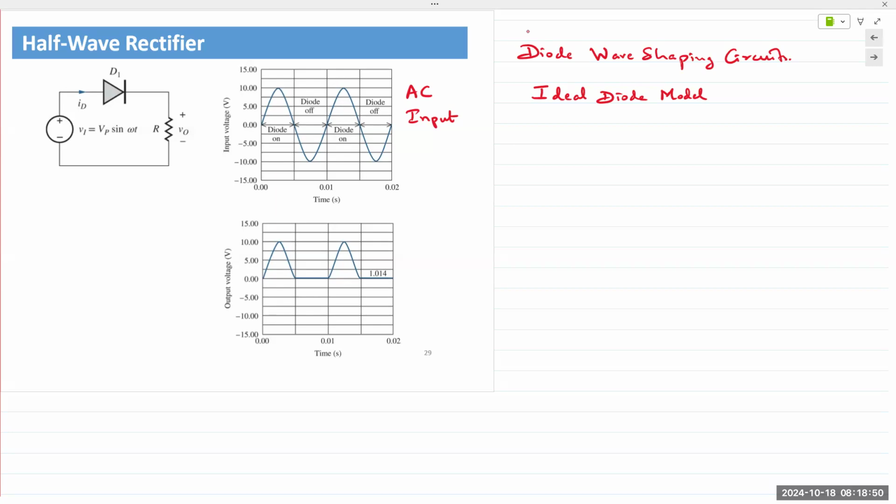Okay. So while you try to understand this material, while you try to understand the circuit analysis, I always strongly recommend to students, understand what the circuit is doing first, use the diode as a building block. Okay. Once you understand that, then you can zoom back in and try to figure out what is exactly happening at the physics level, meaning the electrons and the holes and the movement of those.